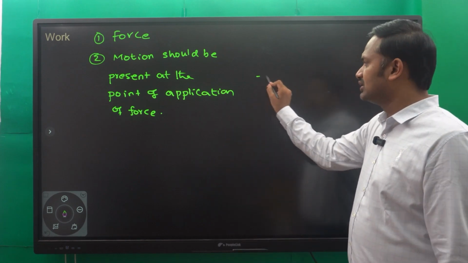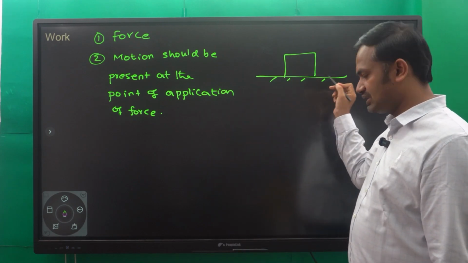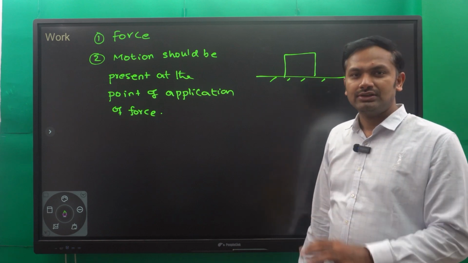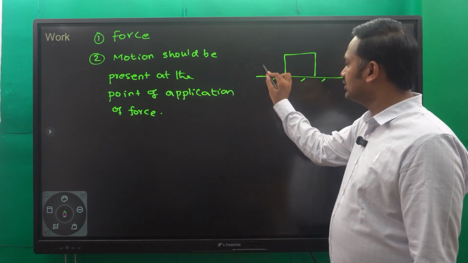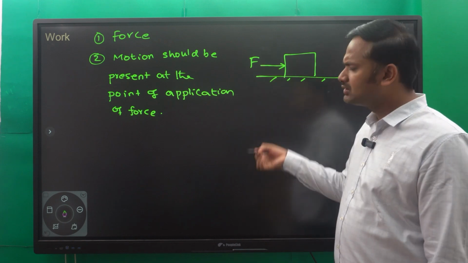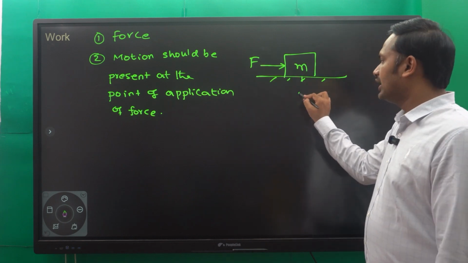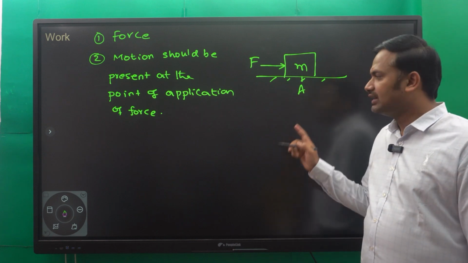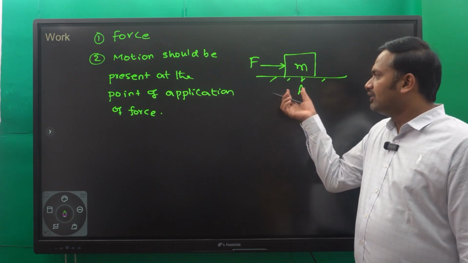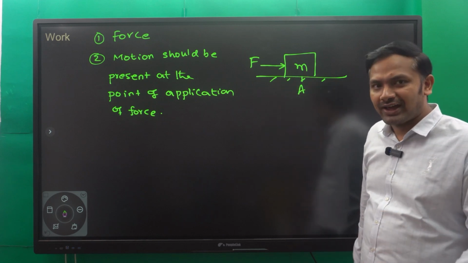Let us suppose there is a block placed on the ground. On this, a force F has been applied. Suppose this has a mass M. Initially it is at point A when the force is applied.